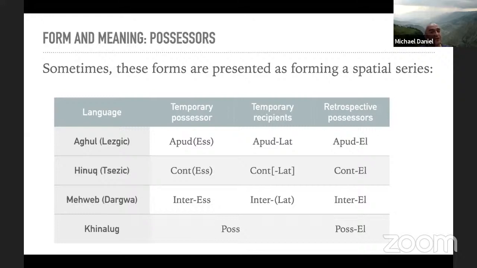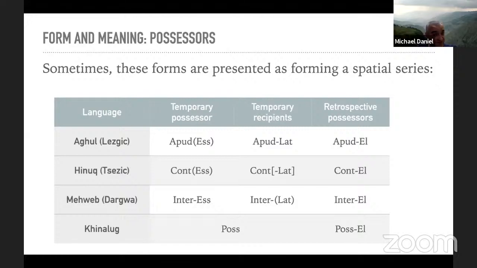To start with, some descriptions group these abstract meanings, possessive-related meanings, into small paradigms. So an author would say that apud essive expresses temporary possession, apud lative expresses temporary recipient, and apud allative expresses retrospective possessors, someone from whom something has been taken.